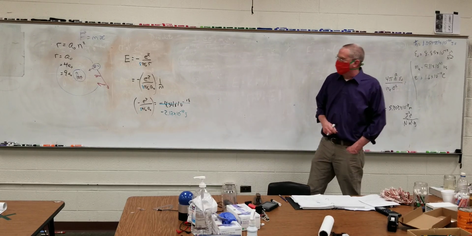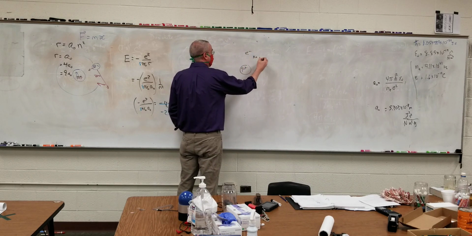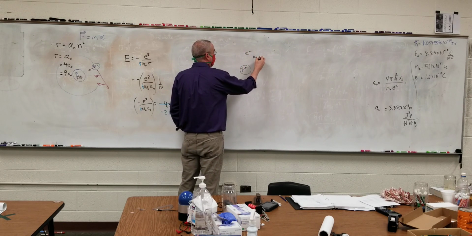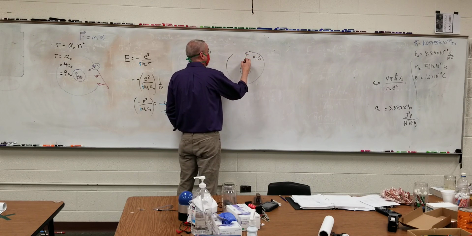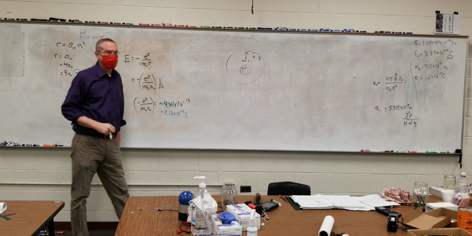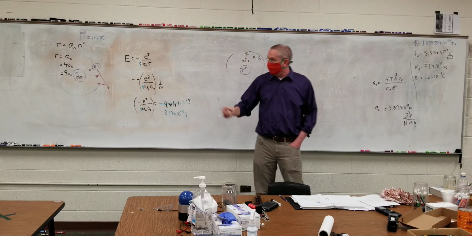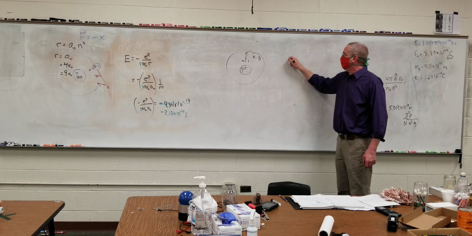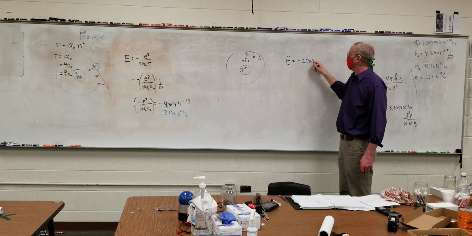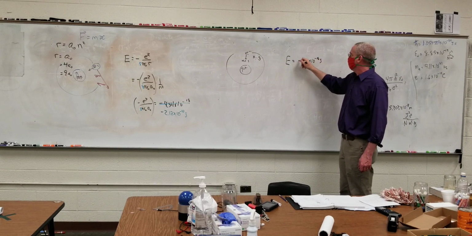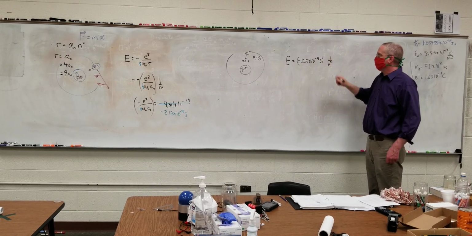Okay. So, I got my proton right here, I got an electron here at n is equal to, let's start out with n is equal to 3. It's not stable, and so the electron drops down to n equals 1. It loses energy. Let's figure out how much energy was lost. I have a formula now that my energy is equal to negative 2.17 times 10 to the negative 18th joules times 1 over n squared.